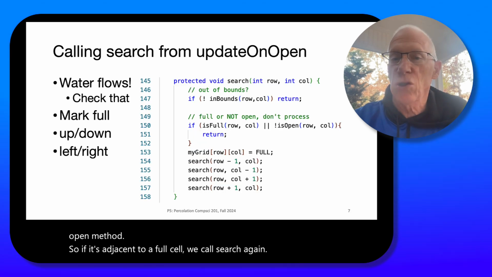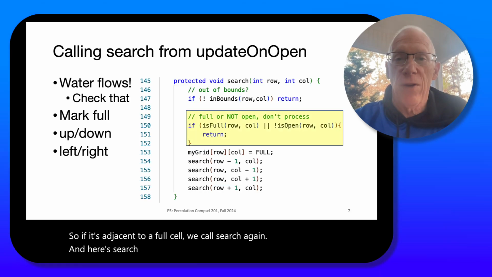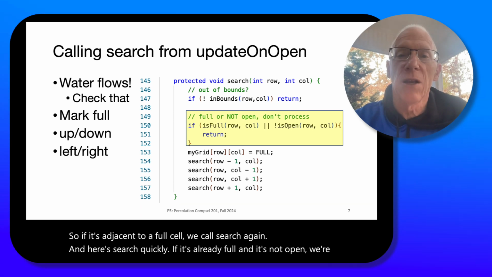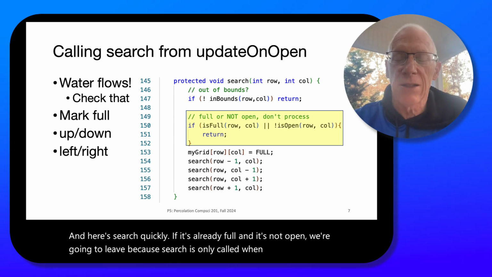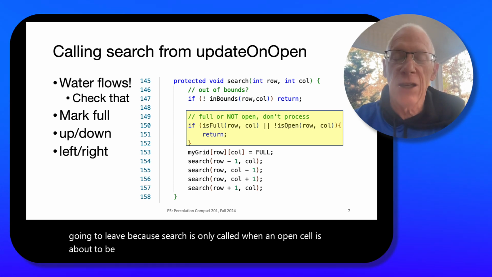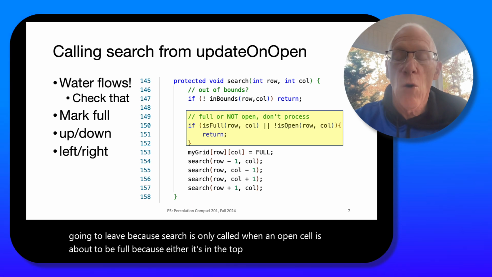And here's search quickly. If it's already full and it's not open, we're going to leave, because search is only called when an open cell is about to be full, because either it's in the top row or because it's adjacent to a full cell.